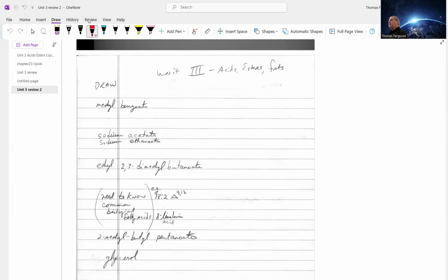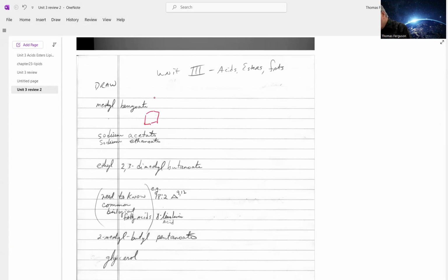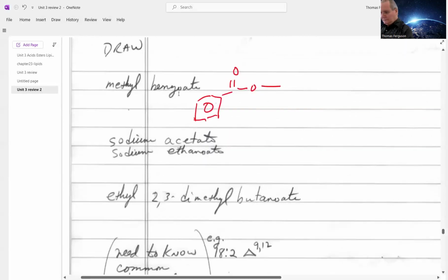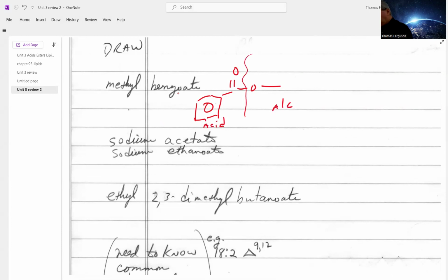Methyl benzoate, okay, that's built on benzoic acid, and the alcohol is methanol. So this is the acid, alcohol.